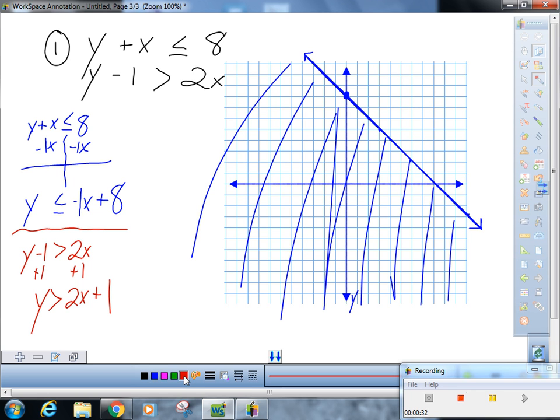Okay. In the red line, what's the y-intercept? It's 1. What's the slope? It's 2. Over 1, up 2. Over 1, up 2. Over 1, up 2. This line is going to be dashed.